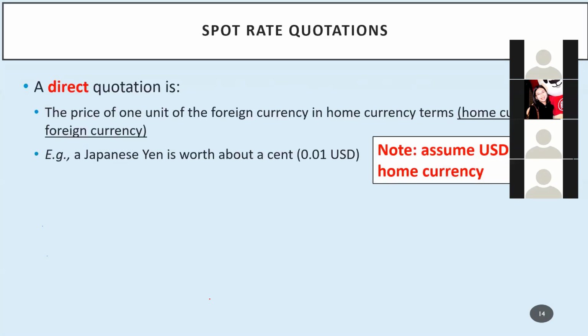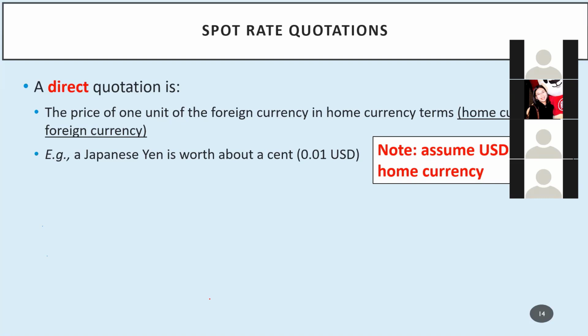So in terms of quotation, we've got two different ways that we can quote a currency. A direct quotation is when we price the foreign currency in terms of our home currency, right? So a direct quotation is the price of one unit of the foreign currency in terms of our home currency.